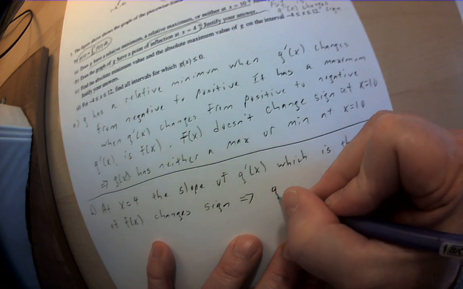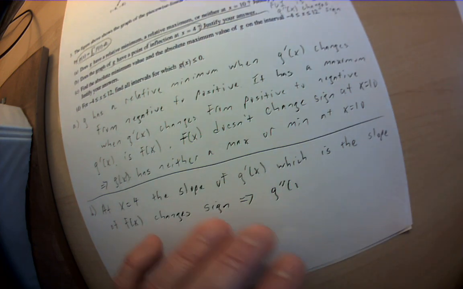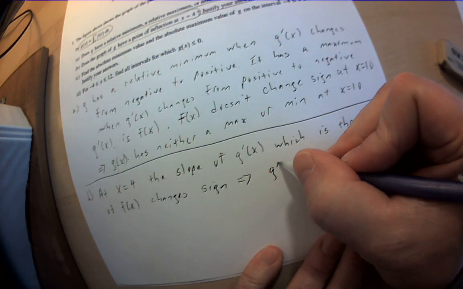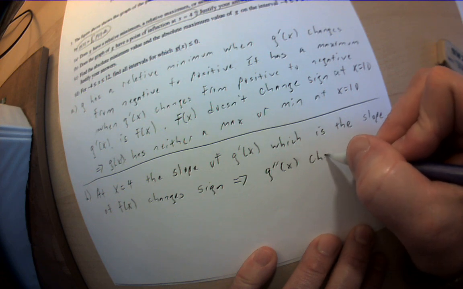Therefore, g double prime of x changes sign.